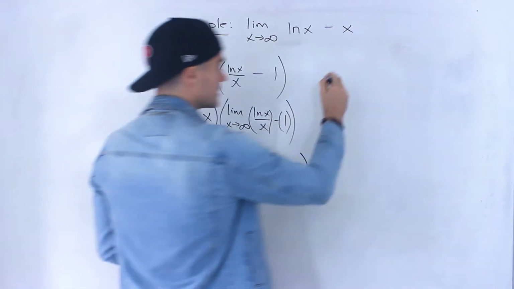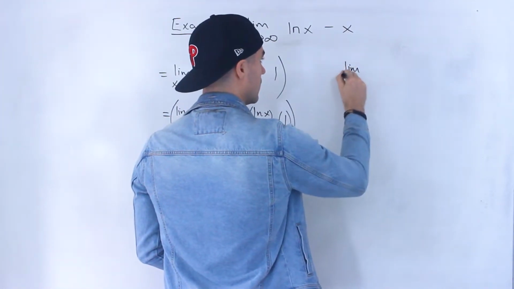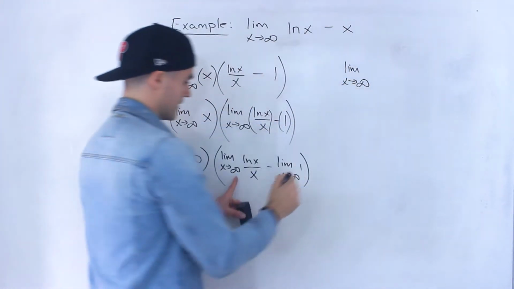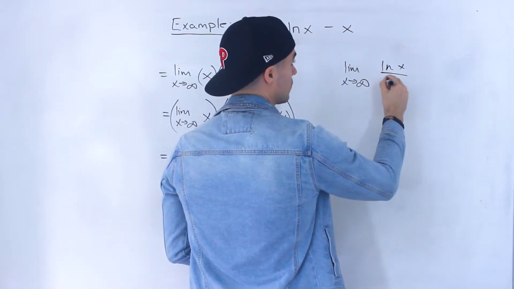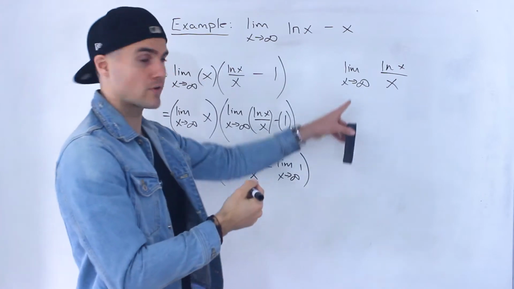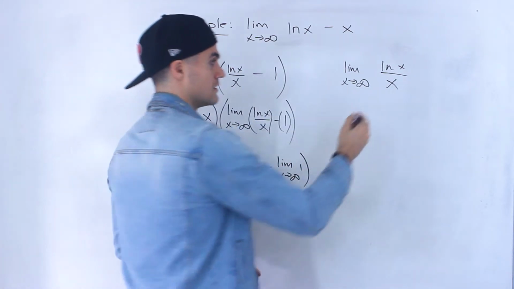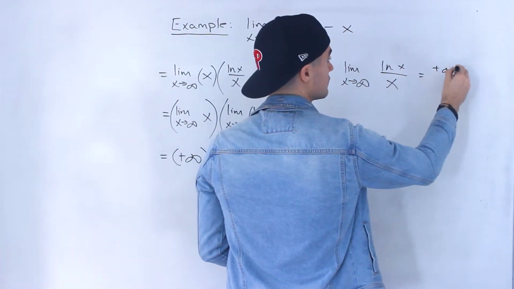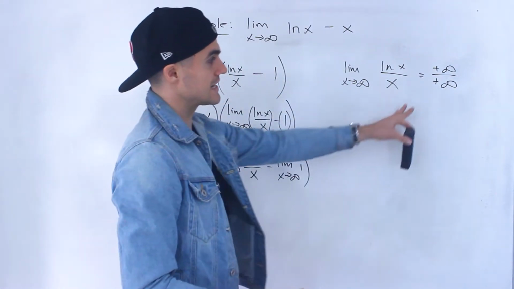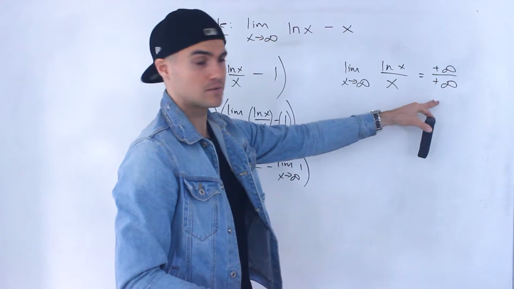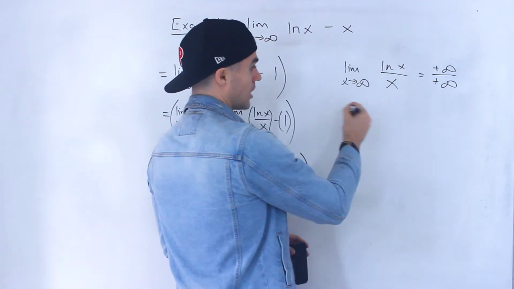So what I'm going to do is I'm actually going to deal with this limit first separately on the side here. So we got ln x over x. Notice if we do a direct substitution on this, it's going to be positive infinity over positive infinity. And because it's in this format, it's an indeterminate quotient, what we can do is apply L'Hospital's Rule on this.